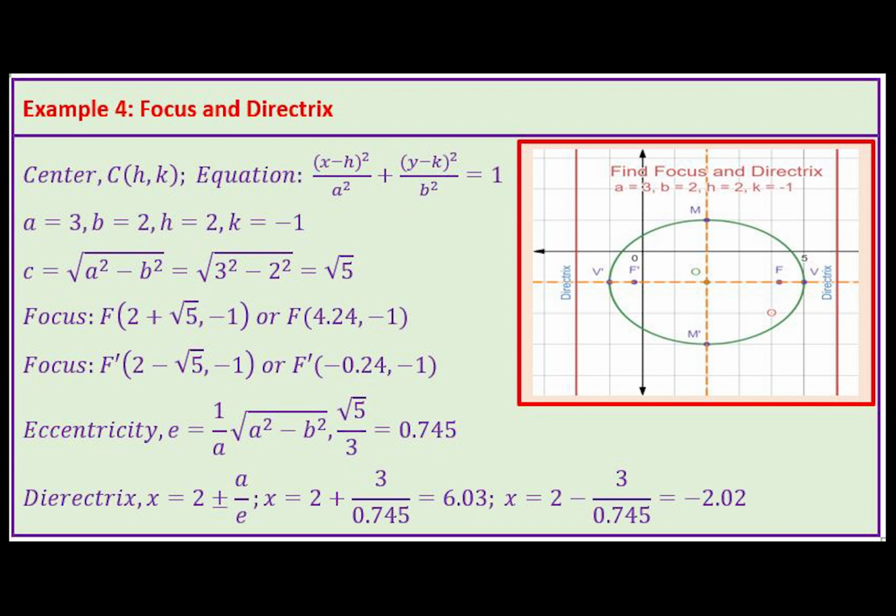Equation of directrix is 2 plus minus a over e, which is 2 plus 3 divided by 0.745, and that gives you the equation as x equals 6.03. The other one on the left will be 2 minus 3 over 0.745 equal to minus 2.02 as calculated.